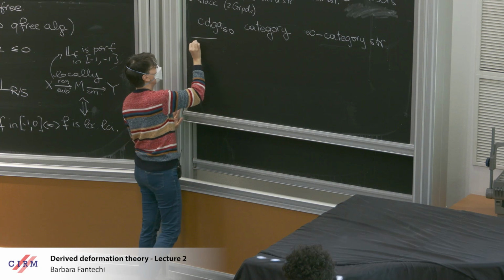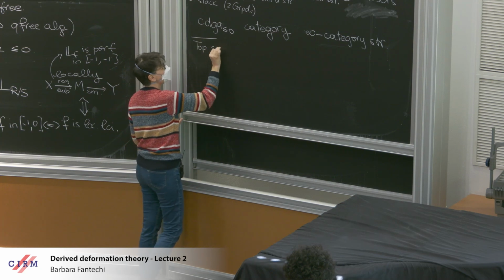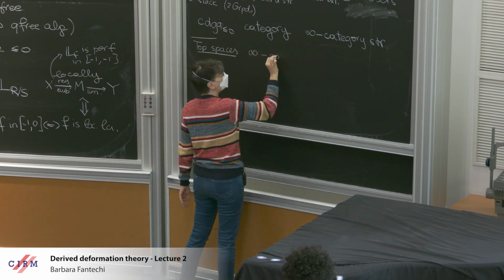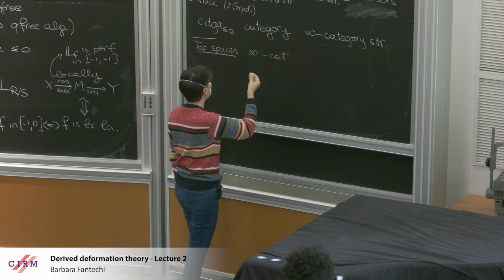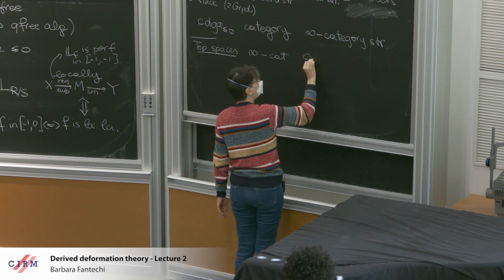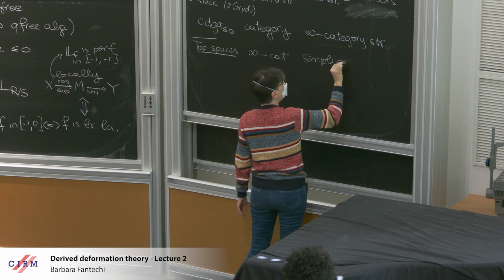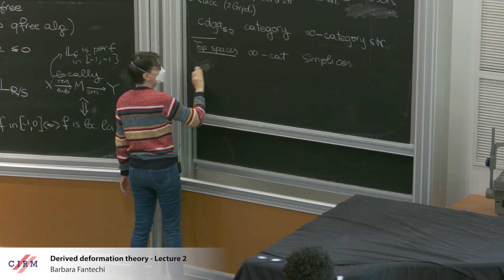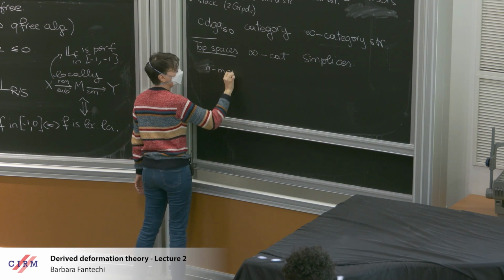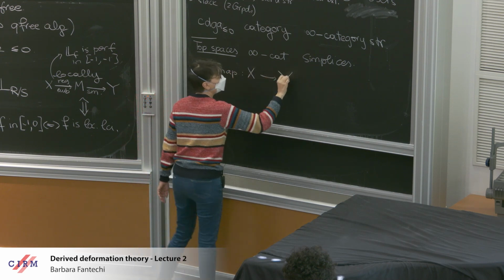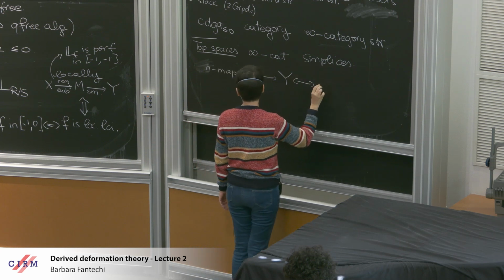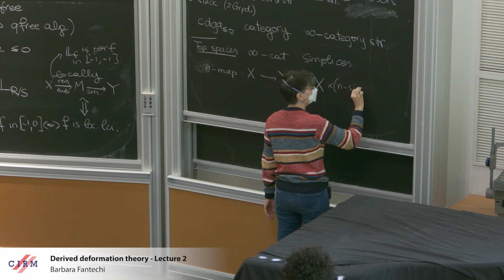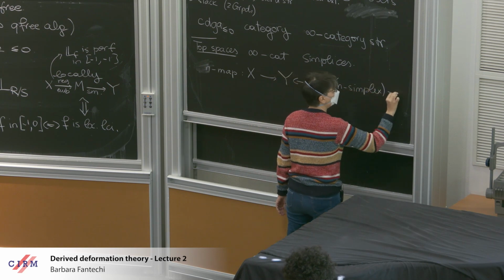Remember that if you want to work with topological spaces, the way you make them into an infinity category is that inside topological spaces you have simplices. So if you want an n-map from x to y, this is just a map from x times the n-simplex to y.